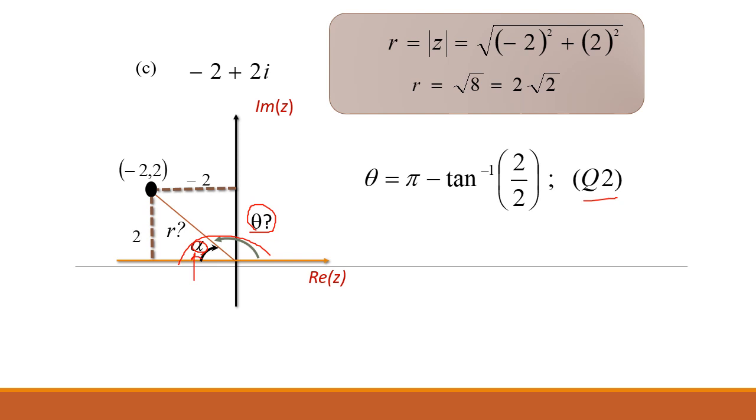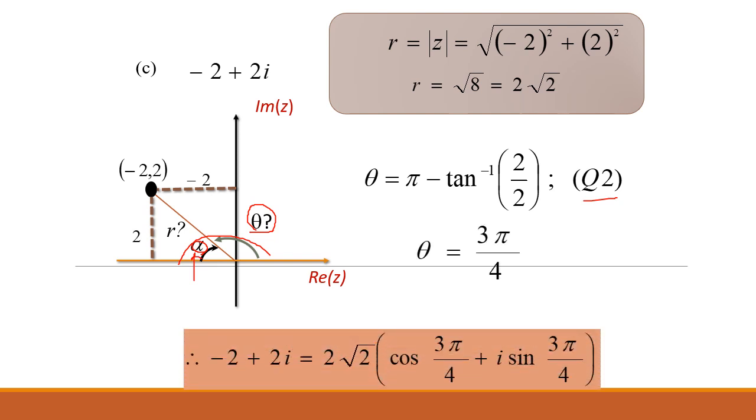That's why pi minus arctangent of 2 over 2. So the answer here is 3π/4. We can write the exact value, or if we cannot write the exact value, we can give the answer in decimal. Okay, this is the final answer: -2 plus 2i can be written as 2√2 of cos 3π/4 plus i sine 3π/4.